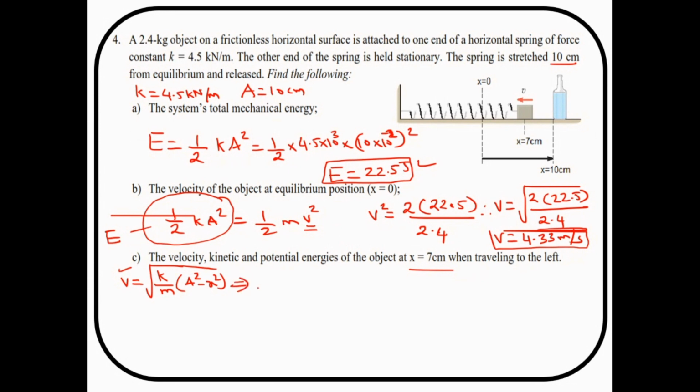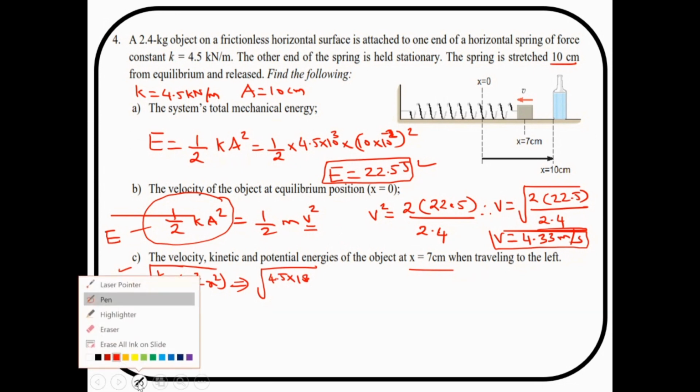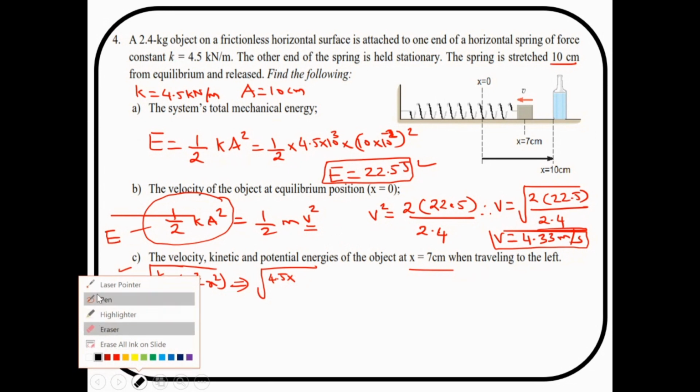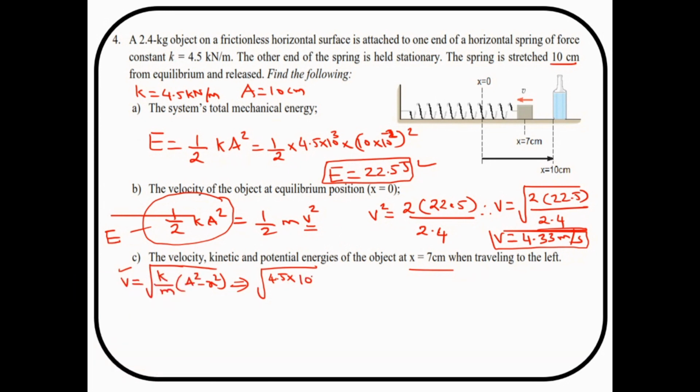Clear? So let's substitute: square root of the k value, which is 4.5 kilonewton, so 4.5 multiplied by 10 power plus 3, over the mass of the object, 2.4, multiplied by the amplitude square, which is 10 multiplied by 10 power minus 2 the whole square, minus the x value, which is given as 7 centimeter, so 7 multiplied by 10 power minus 2 the square.